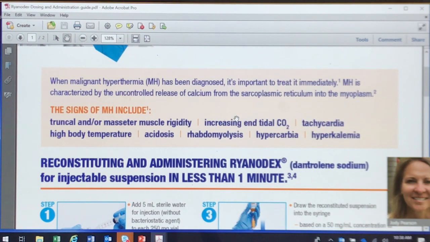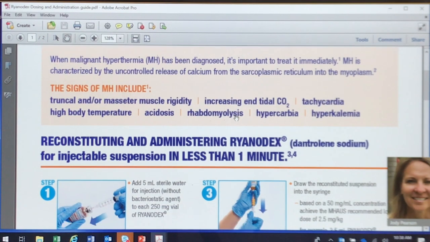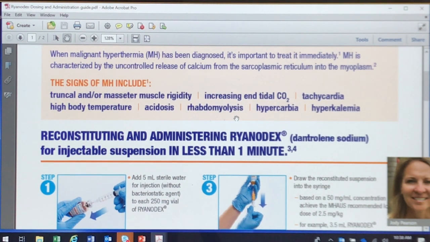You need to find out where the closest location is, because I will tell you that Joint Commission is coming into hospitals, not just the perioperative areas, but they will go into the ICUs and the ERs, and they will ask you, what do you do if you have an MH event? Where are you going to get your dantrolene?